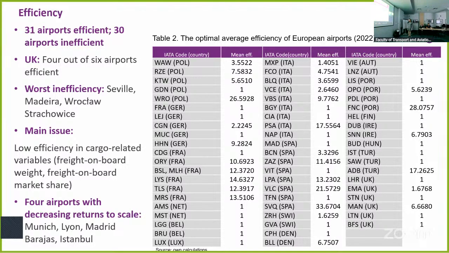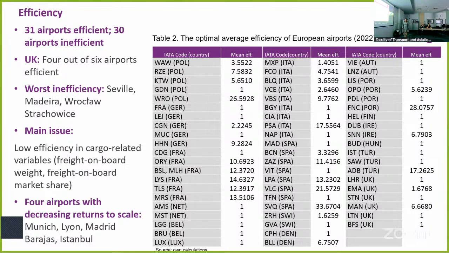And how about the efficiency? So the optimal average efficiency is shown in the table. So 31 airports occurred efficient, whereas 30 were inefficient. 4 out of 6 airports in the United Kingdom were efficient, inefficiency was noted in Seville, Madeira, Wrocław, Katowice.